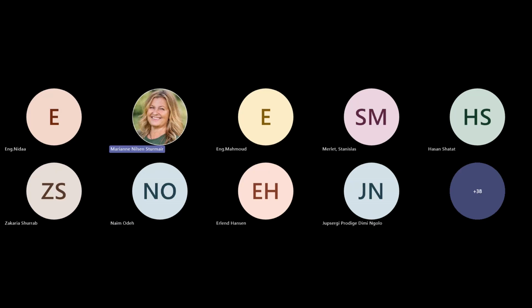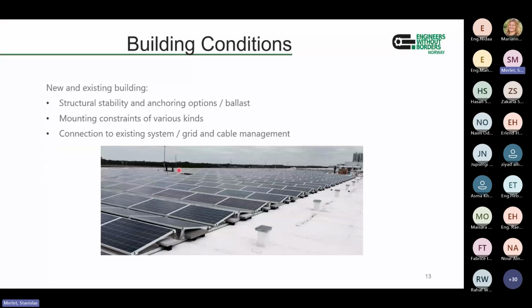Also a few questions in the chat, Stan, if you want to address them now. Yeah, I see that. How could I make the maintenance and cleaning in the east-west system? Let me share again. Sorry. Here we go. I think that's the system you're talking about, Mohammed.